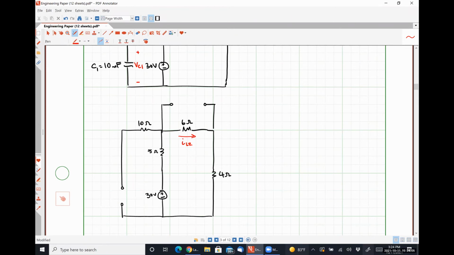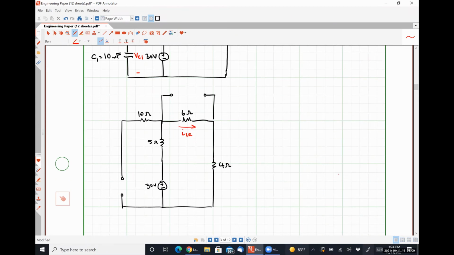Everybody okay with that? Similarly, this voltage drop here across this set of open circuit terminals will be my voltage VC1. Everybody okay with that?